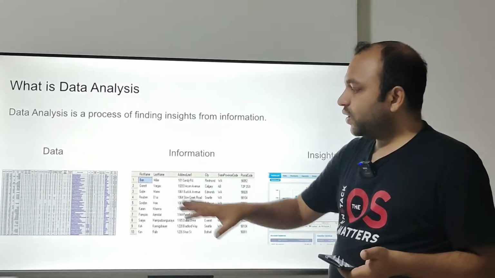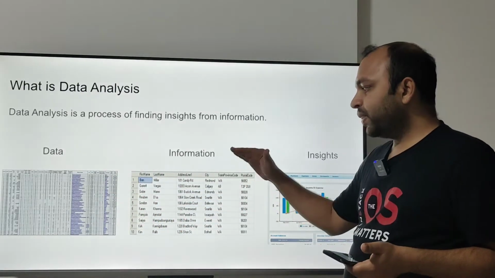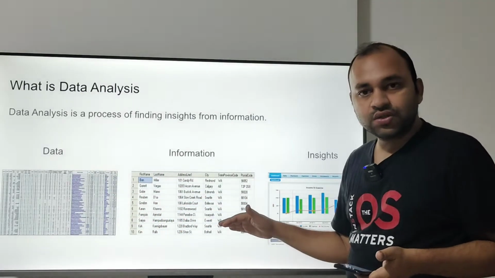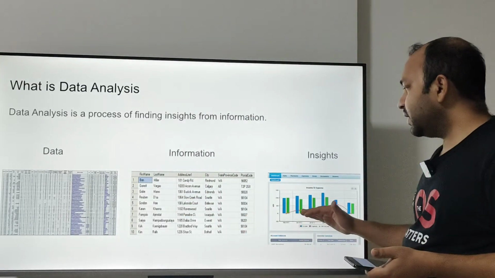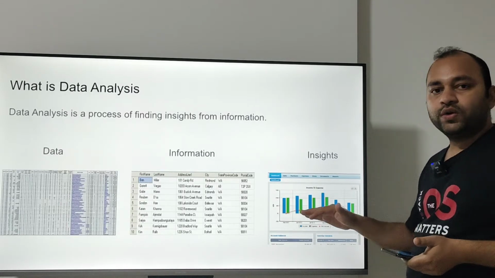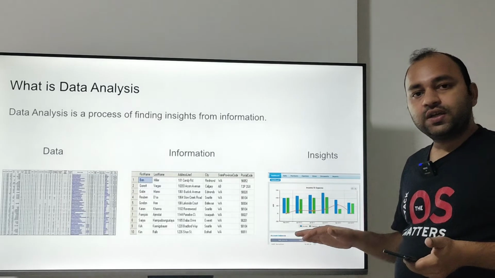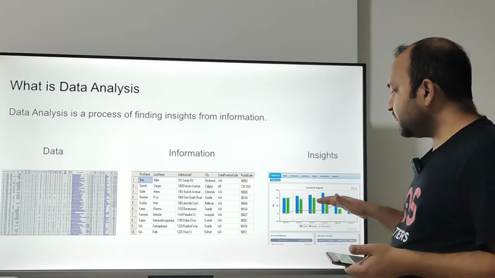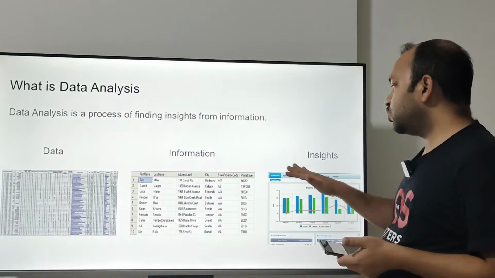So what we first do is try to bring it into some sort of row and column or a flat structure, generally what we say in data analysis, so that you can create the insights, like whether your revenue and sales are going up and down, and how your profit is going. So this is basically your insight: from data to information to insight.